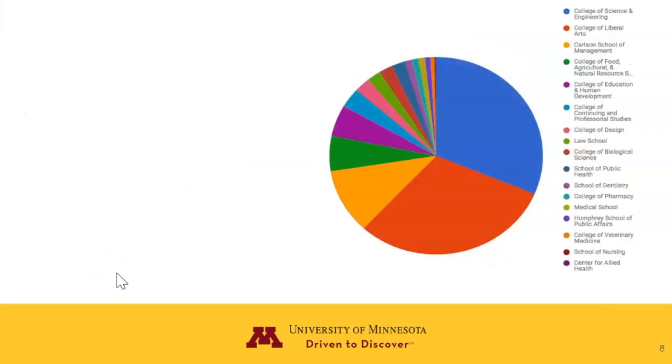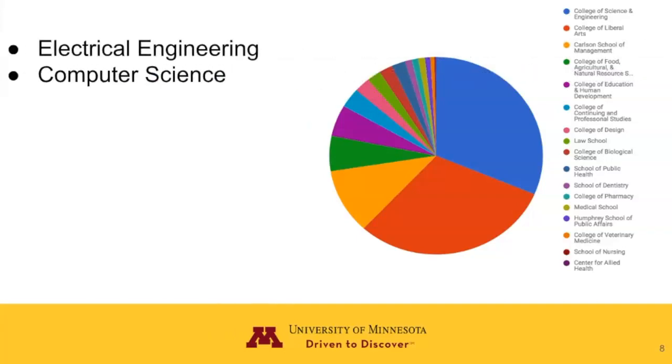Most of our international students, both graduate and undergraduate, are enrolled in the College of Science and Engineering, the College of Liberal Arts, and the Carlson School of Management. And yes, most of them are enrolled in fields such as electrical engineering, computer science, and business administration.